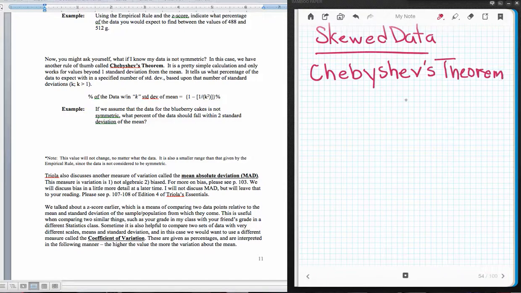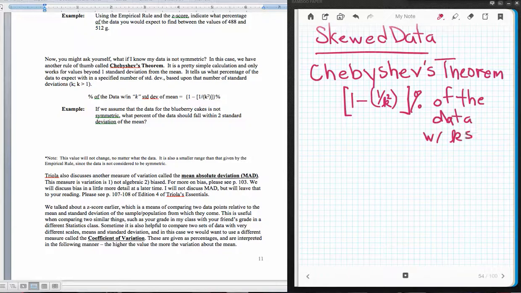So Chebyshev's theorem says that 1 minus 1 over k squared, and we'll put the squared down inside, it doesn't technically matter, is the percent of the data within k standard deviations of the mean.